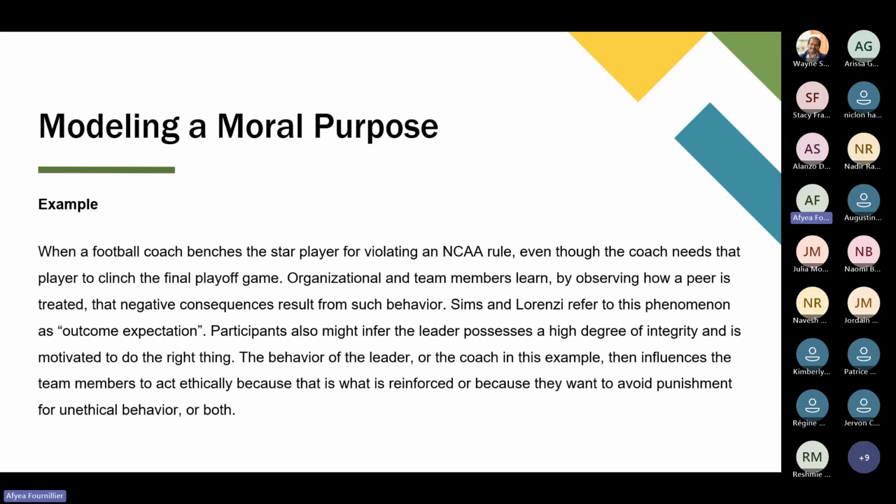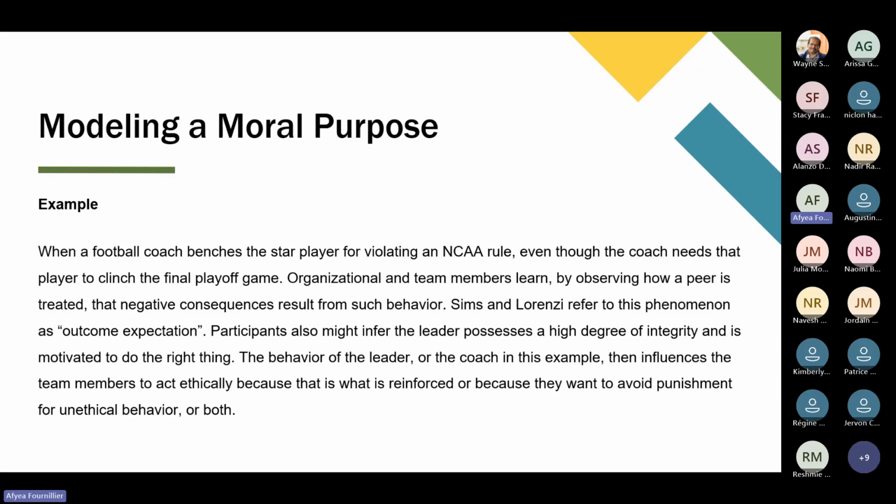Another example: when a football coach benches the star player for violating a rule, even though the coach needs that player to clinch the final game, organizational and team members learn from this experience by observing how a peer is treated and that negative consequences result from negative behavior or bad behavior.